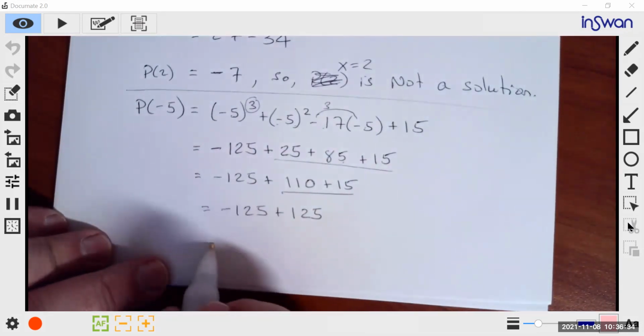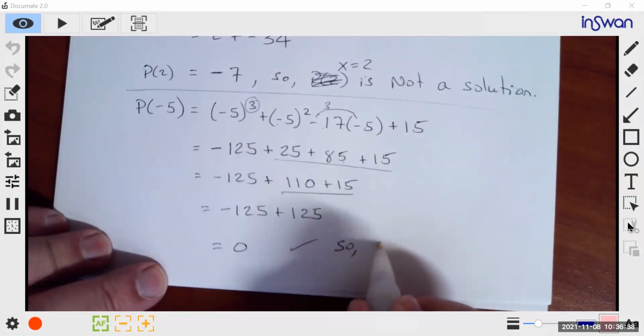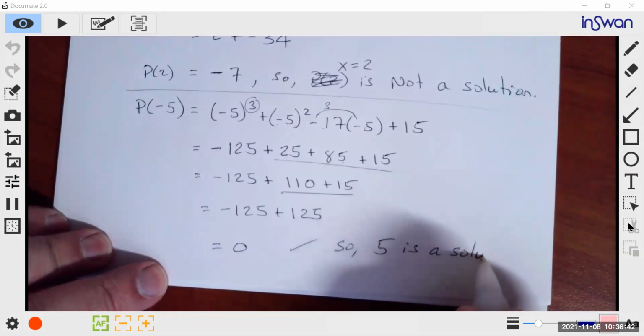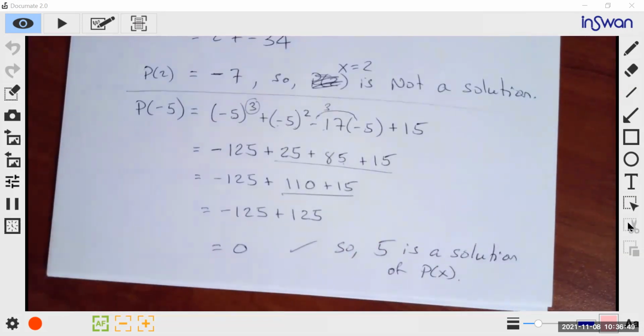Same numbers, different signs, equals 0. So negative 5 is a solution of the polynomial.